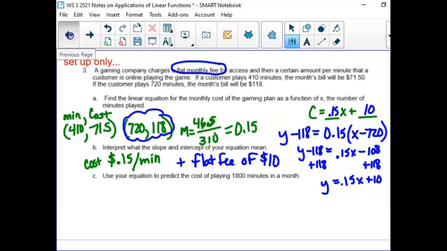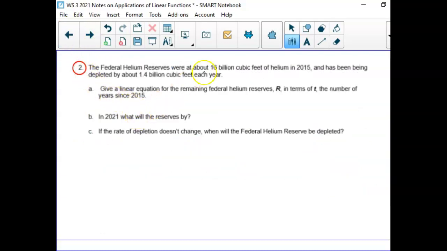But I'm skipping it. I'm going to go back real quick and do number 2, or at least start it here. It says the Federal Reserves were at about 16 billion cubic feet of helium in 2015 and has been depleted by 1.4 billion cubic feet each year. Give a linear equation. Okay, they are already telling us what? The slope. The rate it is going down. So the slope is negative 1.4 billion cubic feet per year.